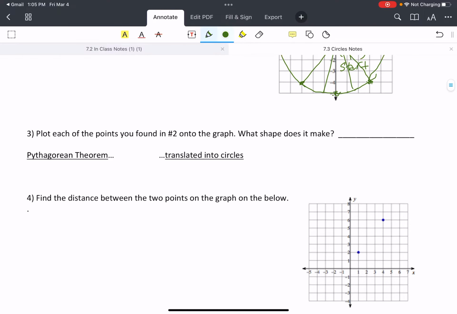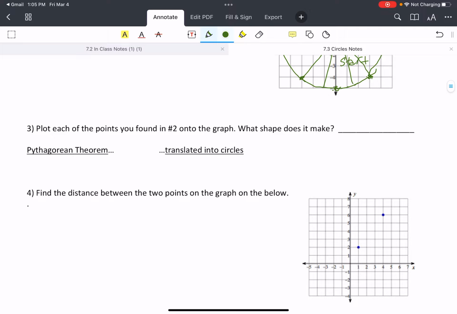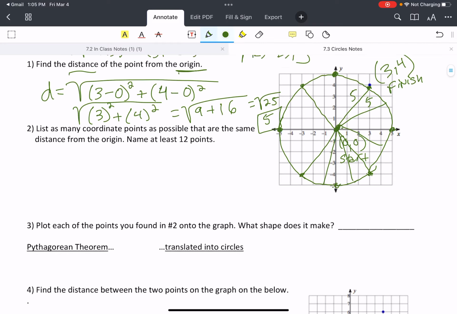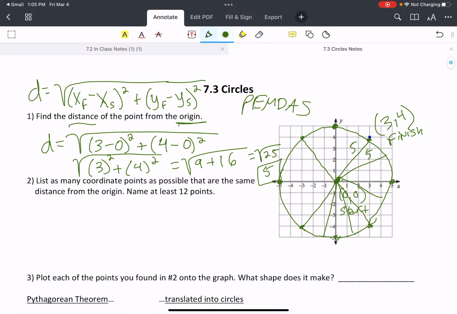Let's go to here. Take a second, and I want you to try just reviewing from last time, finding the distance between those 2 points on number 4. Okay? So I want you to review again from last time. I did one with you.